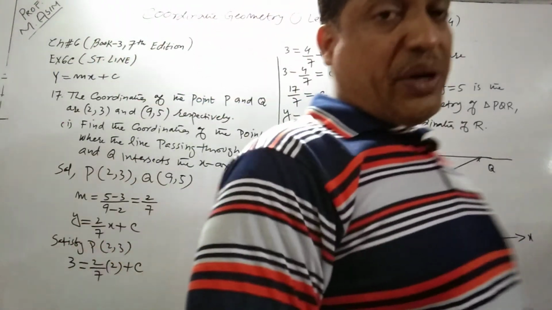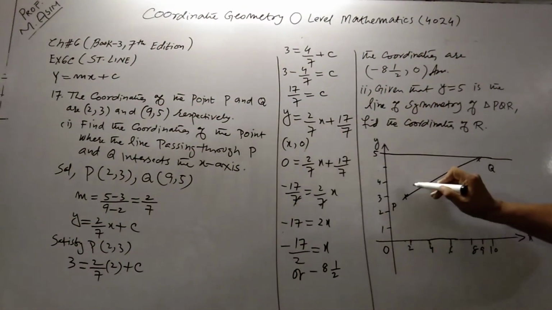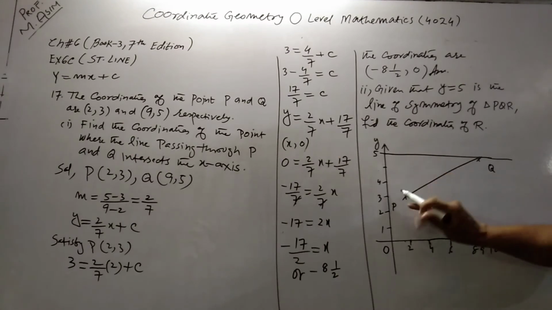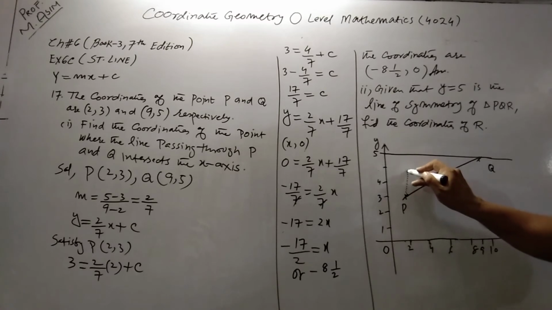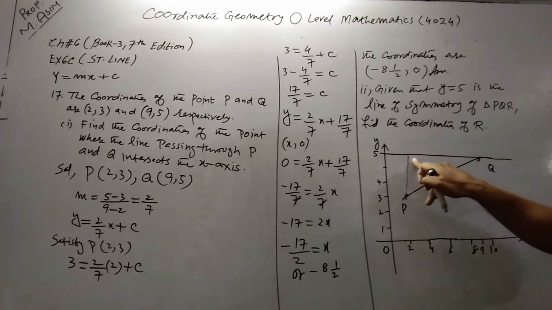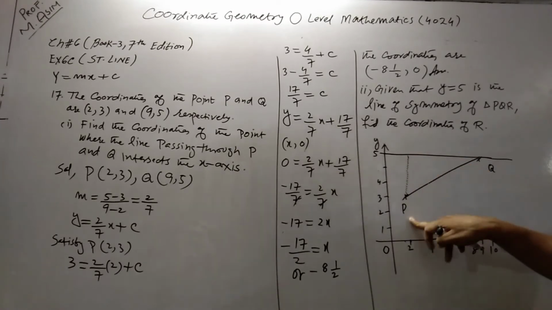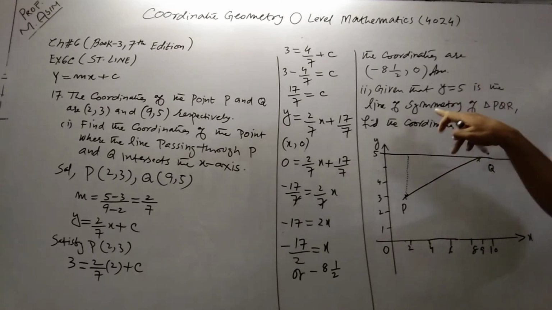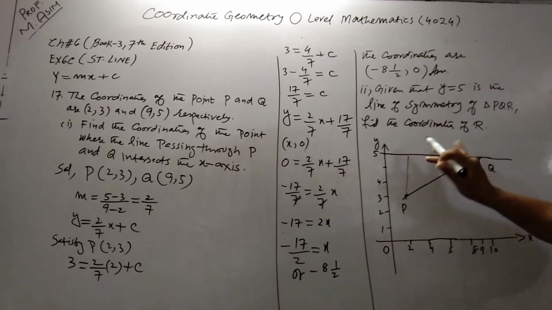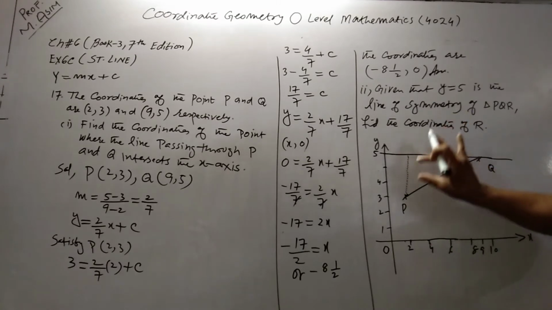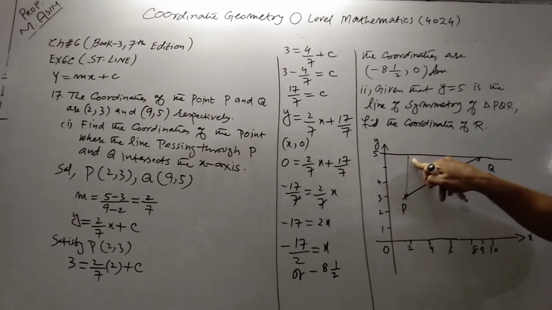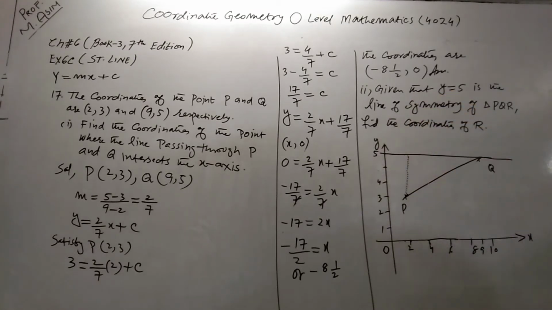So line of symmetry means the distance from P to this line is the same as the distance from R to this line.